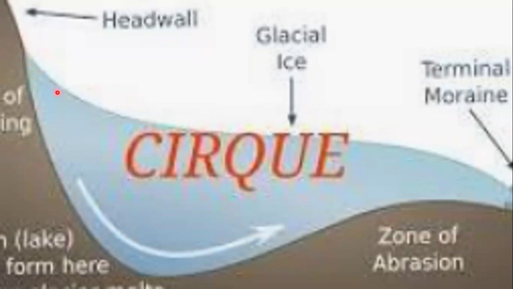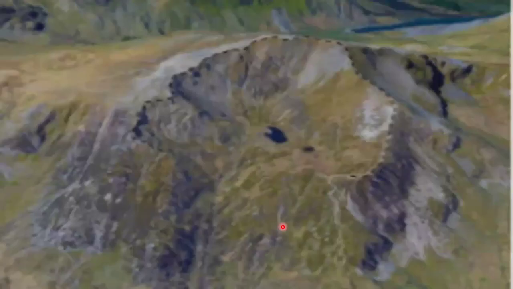On the fourth side is an opening out of which the glacier comes out. On the floor of the depression, when glacier ice melts, a lake is formed that is known as a tarn. This is the picture of a cirque.